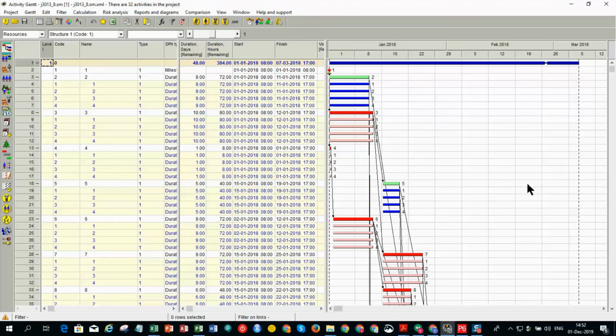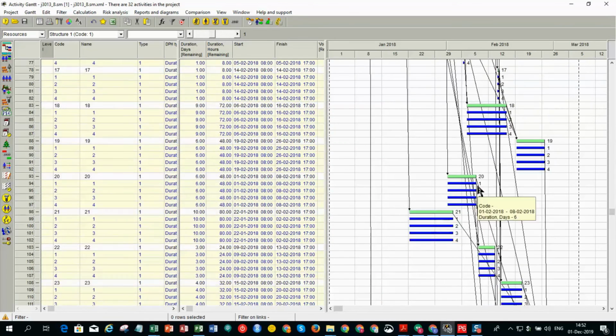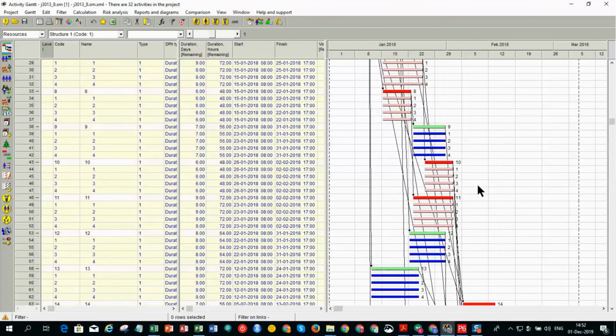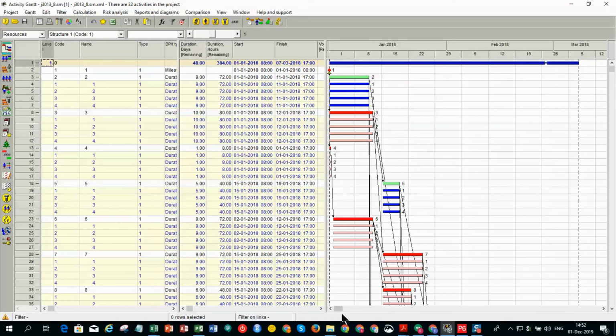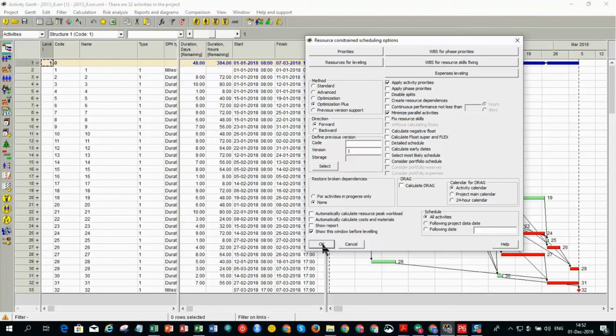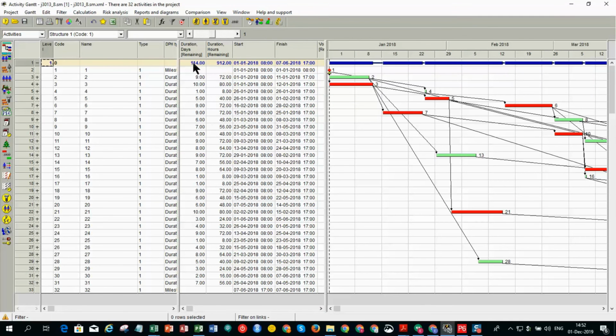It is the same schedule, I just used a conversion to make sure that I can load it in different project scheduling tools. Now, if I do resource leveling in Spider, it produces 114 days.